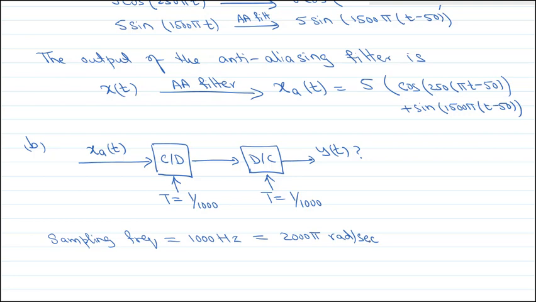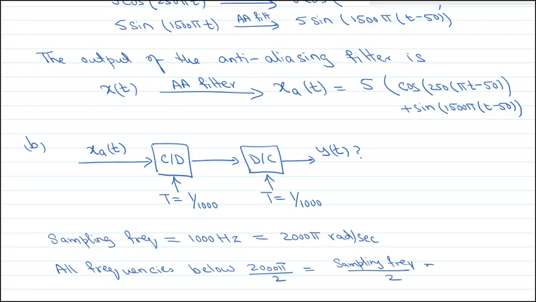So the basic Nyquist criterion tells us that, since we are doing ideal sampling and reconstruction, all frequencies below 2000 pi divided by 2, so 1/2 of the sampling frequency, which is simply equal to 1000 pi, will be perfectly reconstructed.